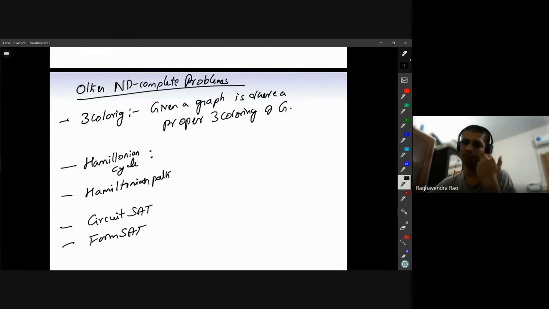So these problems are not only in NP, they are hard, and the conjecture is the Cook's hypothesis, or the P versus NP conjecture: no NP complete problem admits a polynomial time algorithm.